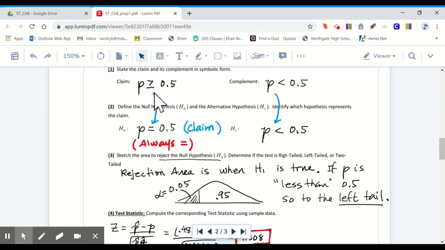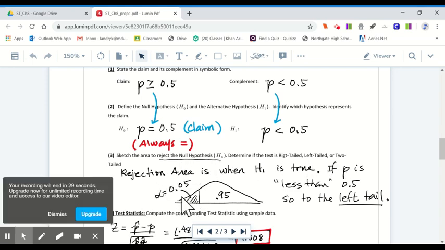Because our claim is greater than or equal to, it's one-sided. So our rejection area is to the left. It's a left-tail test, and the area is 0.05. That is our entire alpha, 0.05, in a lump on the left side and 0.95 to the right.